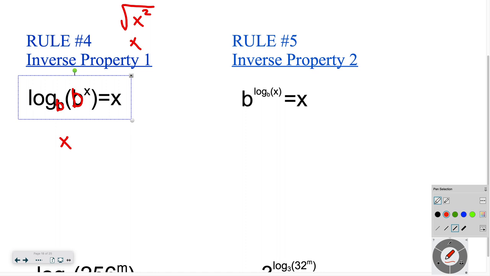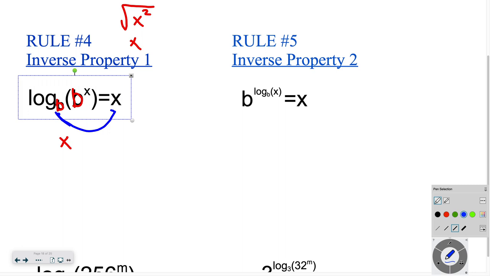The justification for that, if you think about what a logarithm actually is, right? This log is basically saying base b raised to what exponent, right? Right now I'm calling this x, this could be a question mark.